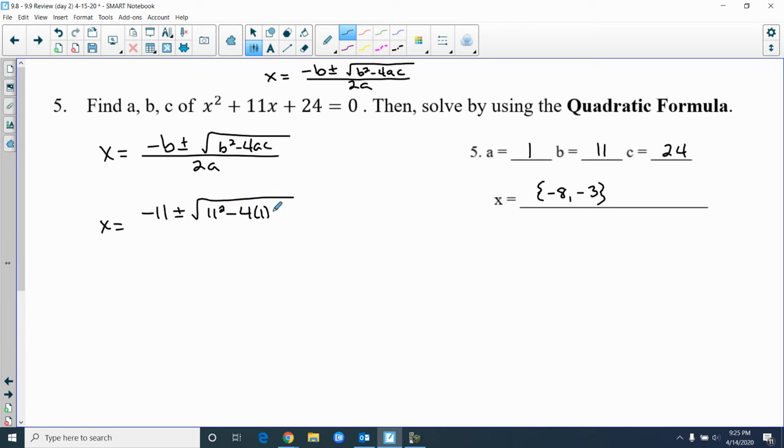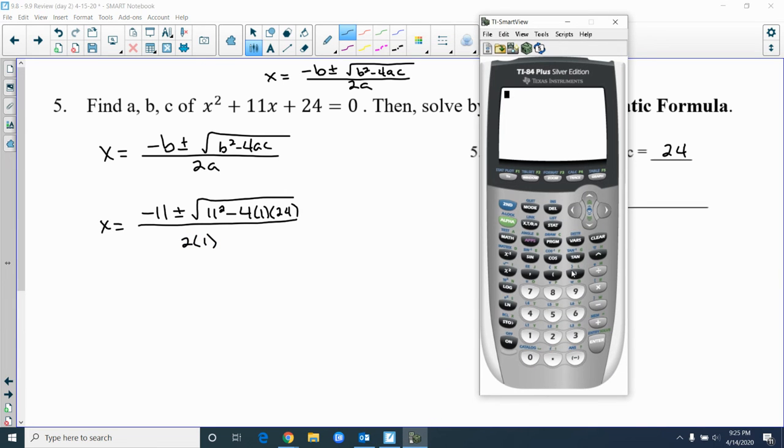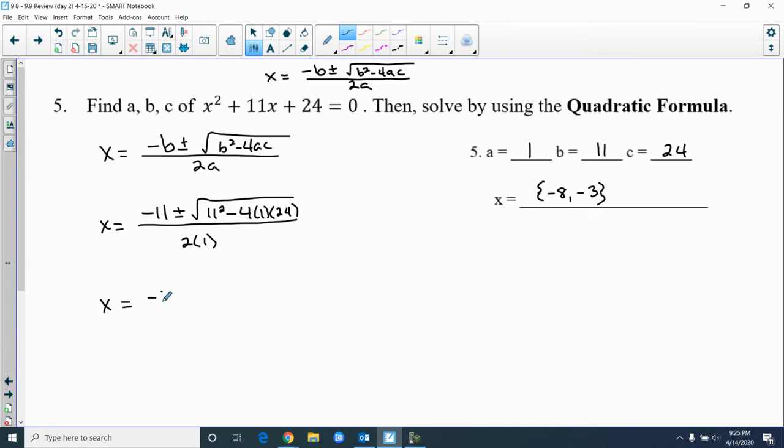A is 1, C is 24, over 2 times 1. At this point, on your calculator, don't worry about the square root yet. Do 11 squared minus 4 times 1 times 24, 25. And if you want it to be a positive number.